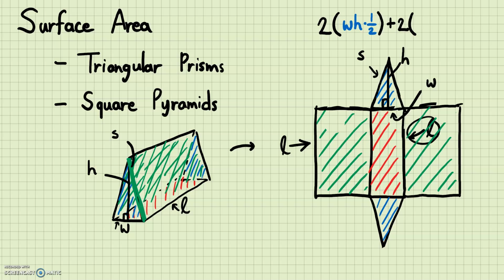And this side right here is the same, these 2 sides are the same, so this side is also going to be S. So the area of the green rectangle is going to be L times S. And let's add the red rectangle. We only have 1 of those, so don't multiply that by 2. We have W times L. So that's going to be W times L.